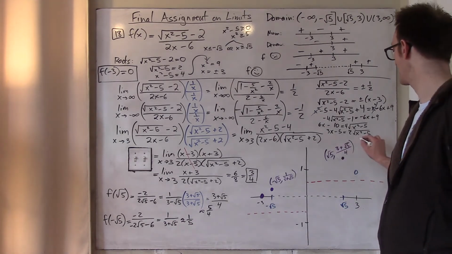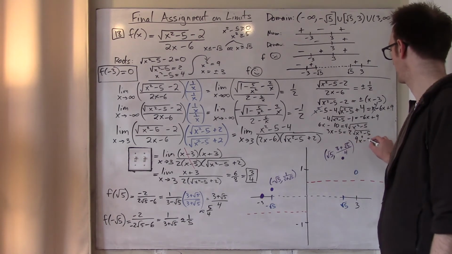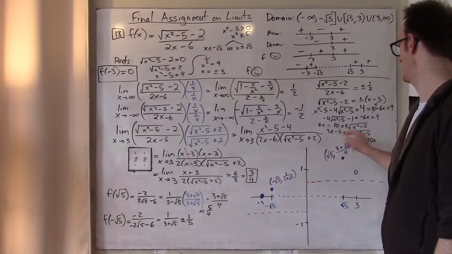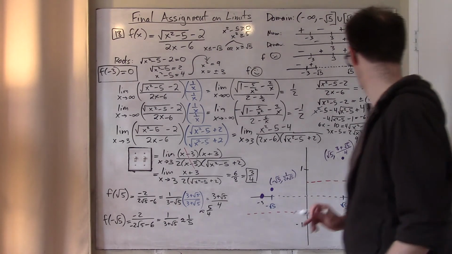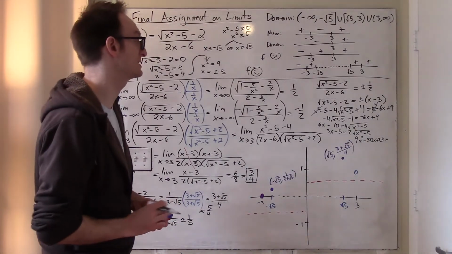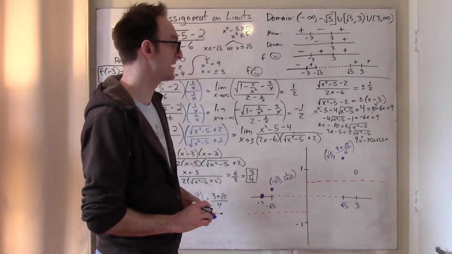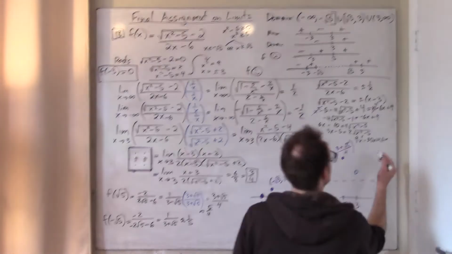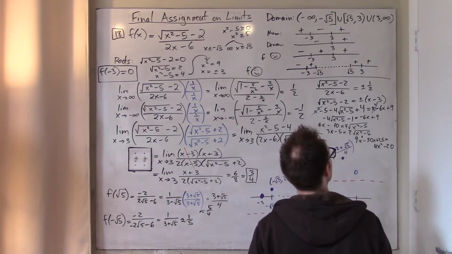Square both sides again. I get 9x squared minus 30x plus 25 equals, what do I get? 4 times x squared minus 5, so that's 4x squared minus 20.